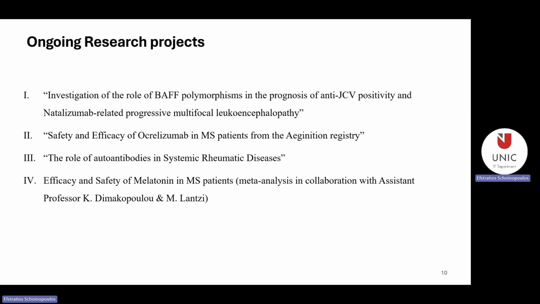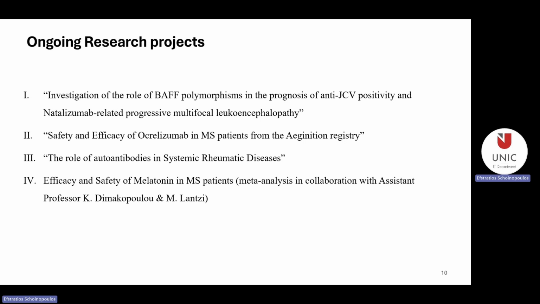However, patients who are positive for the JC virus have a major risk to develop progressive multifocal leukoencephalopathy, which may cause the death of the patients. So the aim of the research is to identify genetic biomarkers which could be prognostic for PML.